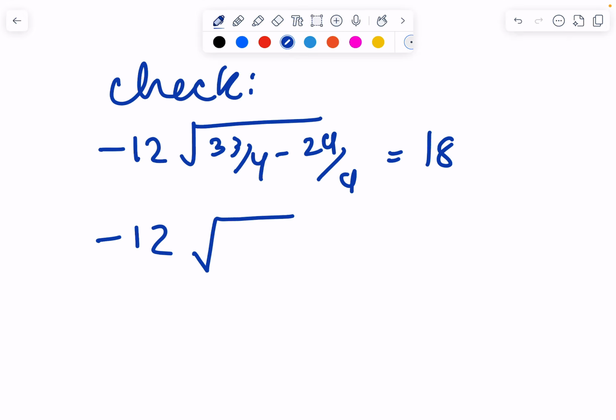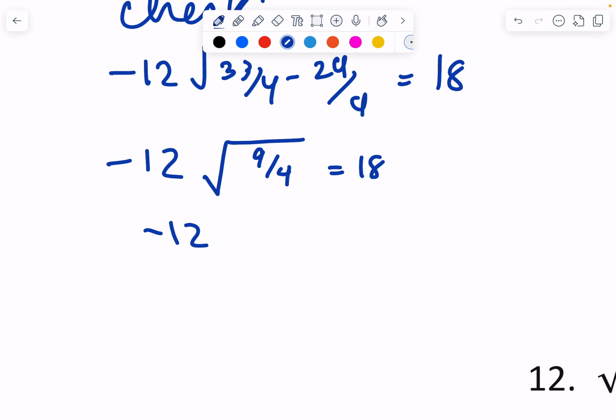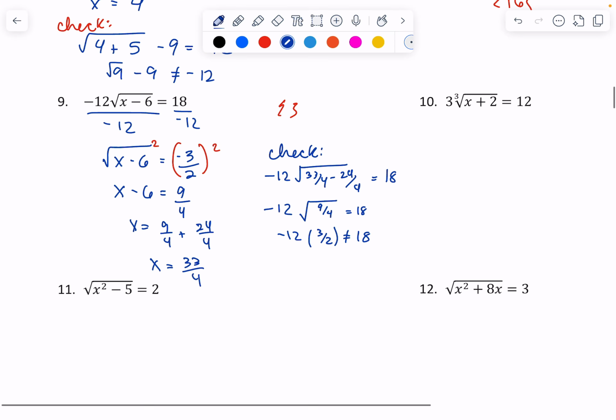So 6, 9, when we subtract, -12 times 3/2 could not equal 18. So that means that's extraneous and there's no solution.